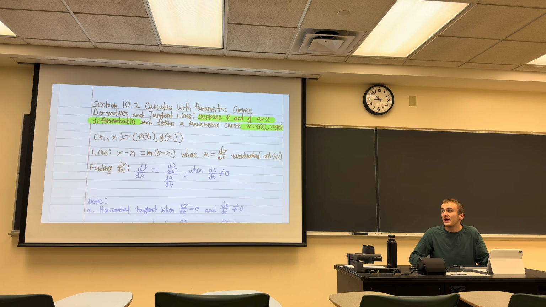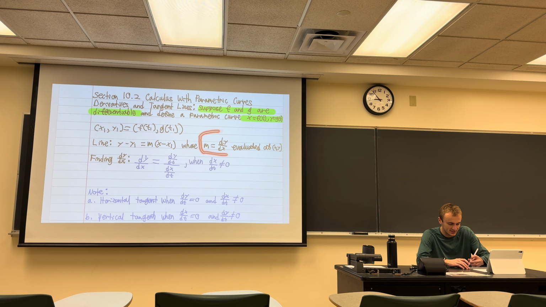So the main thing here is we have to calculate m. That's basically what this whole process with calculus with parametric curves is allowing us to do: find an m for something that is different than just a straight line, which you're used to. To find m, which is dy/dx, we use this formula: dy/dx equals dy/dt over dx/dt.